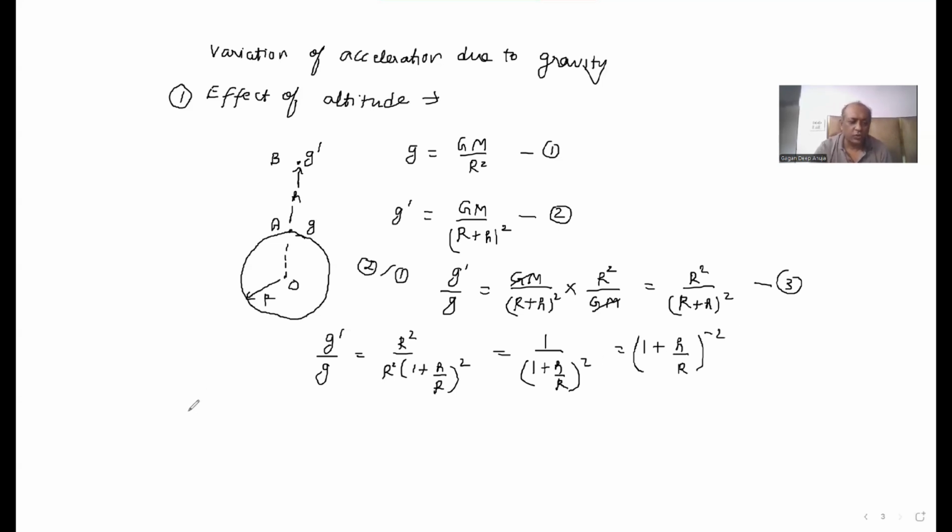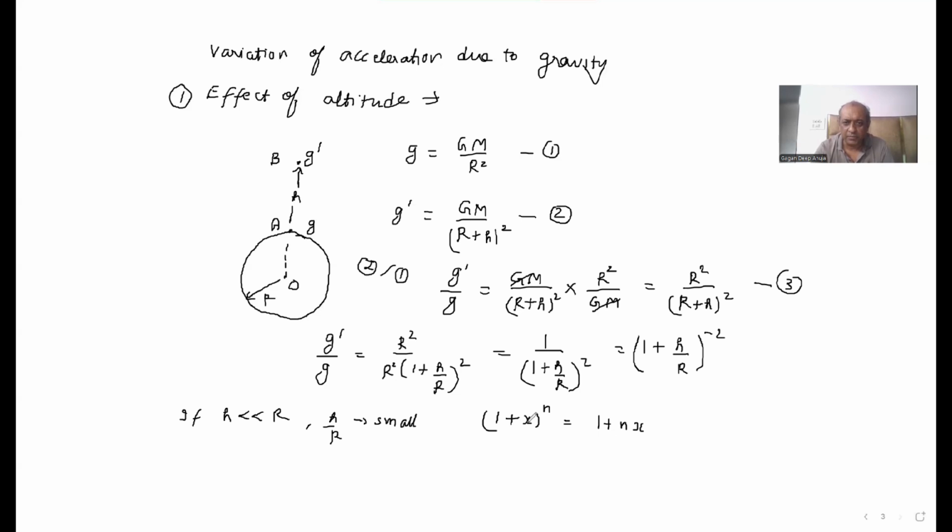Okay. So now, if the height is very, very small as compared to the radius of Earth, then h by R will be very small as compared to 1. So we can expand the right-hand side by using binomial expansion in this case. According to binomial expansion, (1 plus x) raised to the power n, where x is very small as compared to 1, can be written as 1 plus nx.